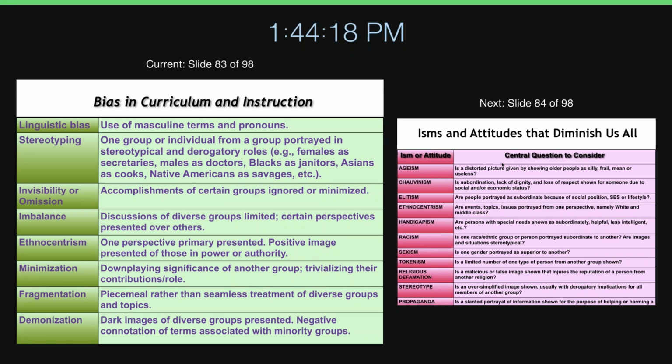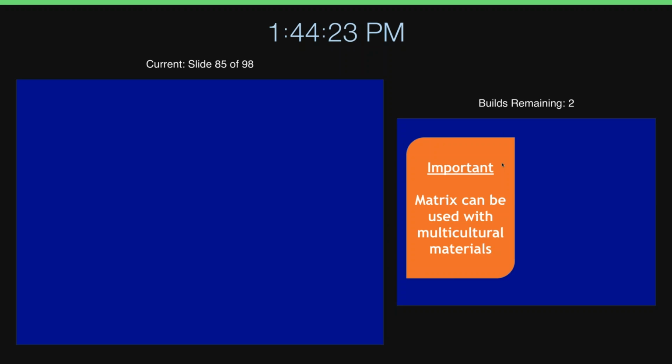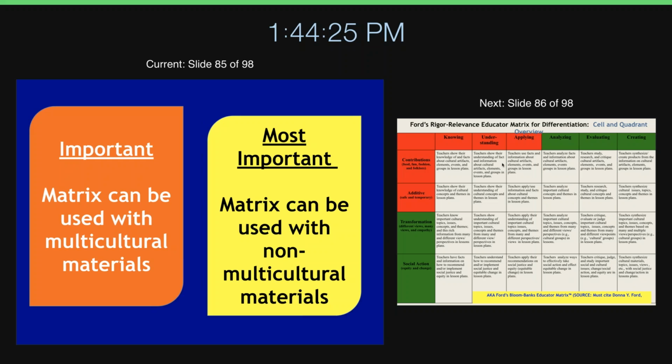Yes, I'm intentionally leaving that there. We're not going over it. I want to stress a couple of things. One, the matrix that I'm about to introduce or reintroduce for those of you familiar with it can be used, to state the obvious, with multicultural material. Keep in mind the paucity, the dearth of multicultural literature, especially high quality.